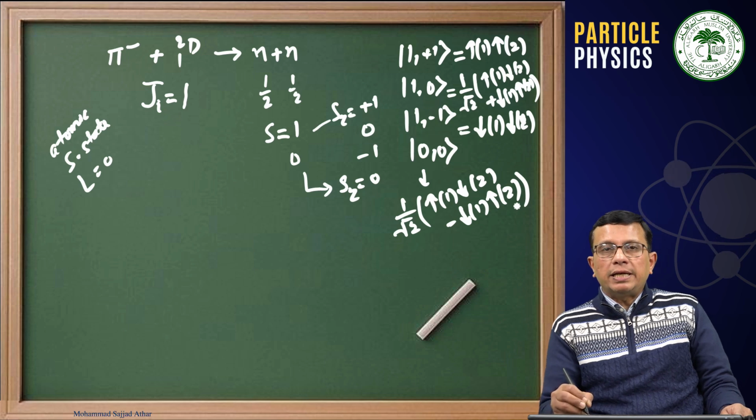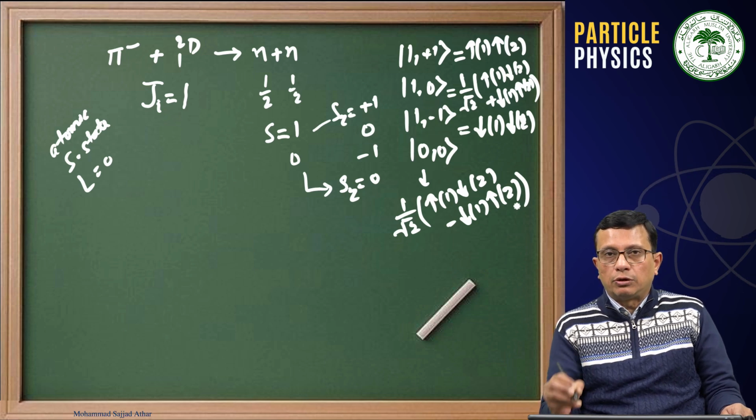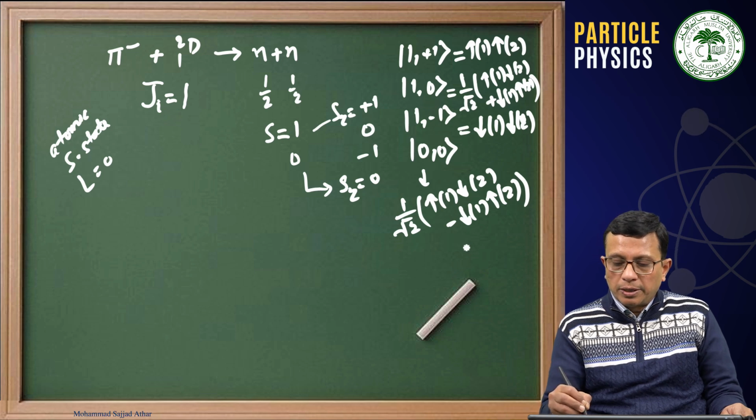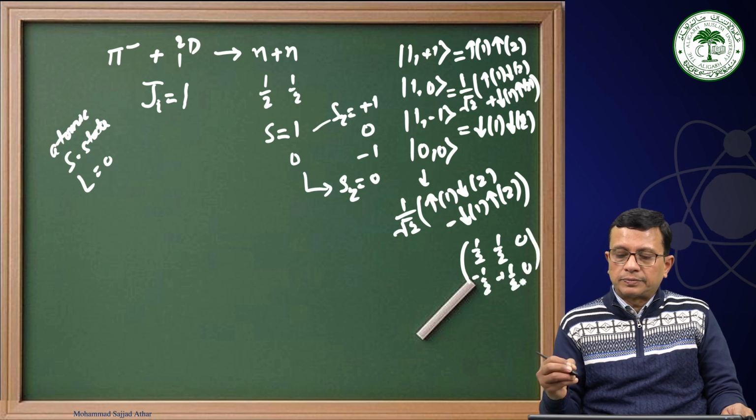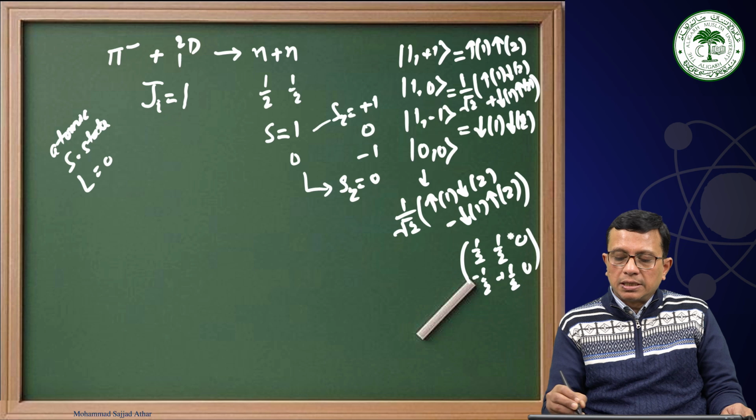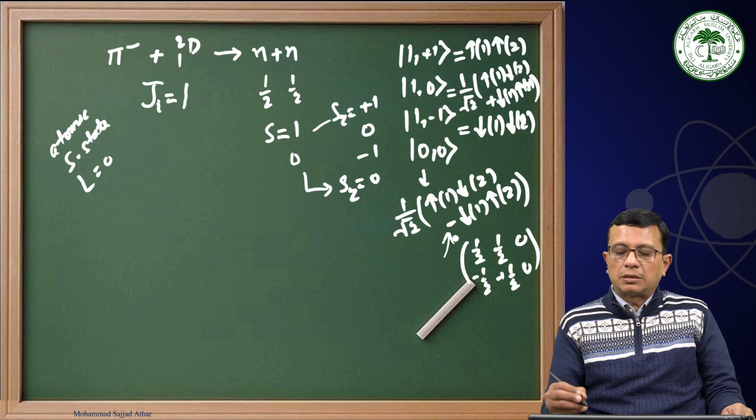This minus sign comes from the Clebsch-Gordan coefficient, whose value is minus 1 by root 2 for the case where we have half, half, 0 and minus half, plus half, 0. Therefore, since this Clebsch-Gordan coefficient is minus 1 by root 2, we get this minus sign.